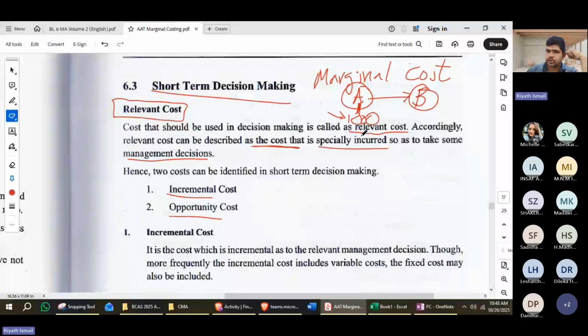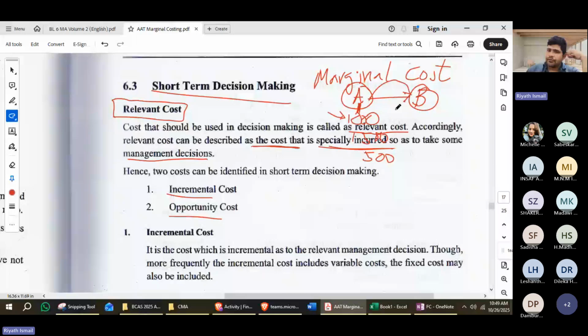Profit is 500. Now the management has to decide either we move to plan B or stay with plan A.